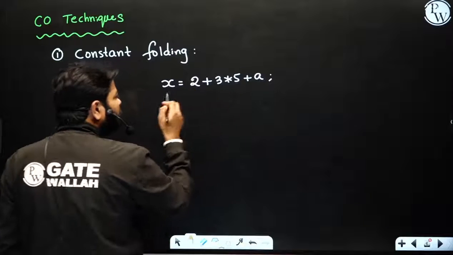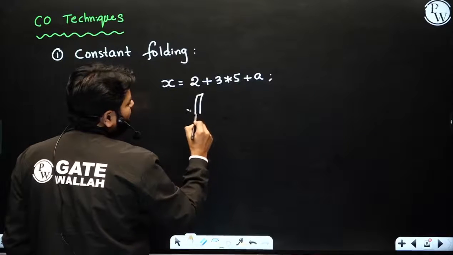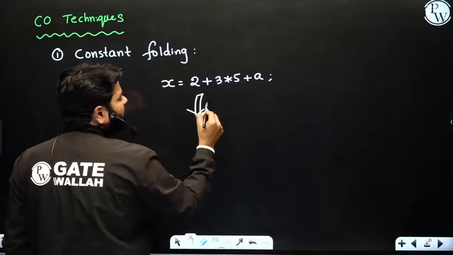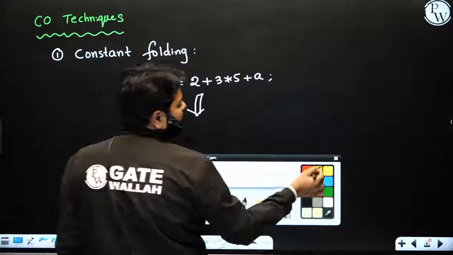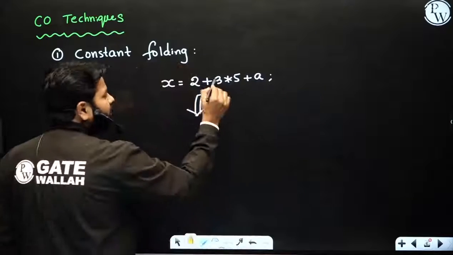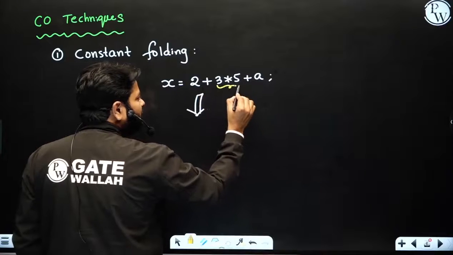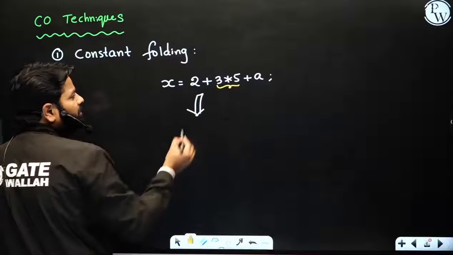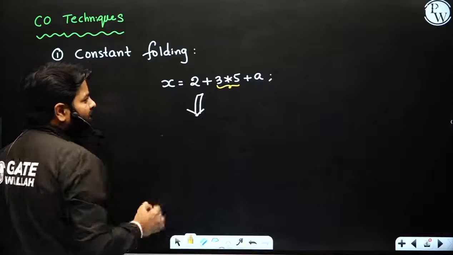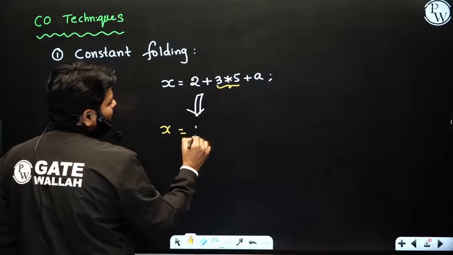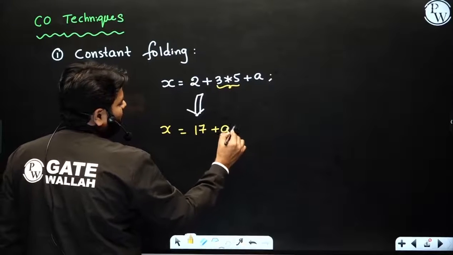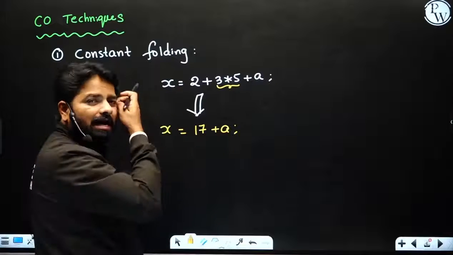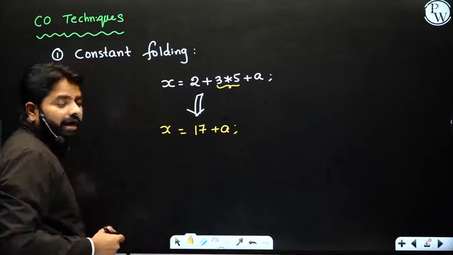Now, if you are going to do this, what is the equivalent code after applying constant folding? How many constants can you fold here? See here, 3 multiplied by 5, how much? 15 plus 2 is nothing but 17. This can be written as x is equal to 17 plus a. This can be done with a single addition instruction at assembly level.